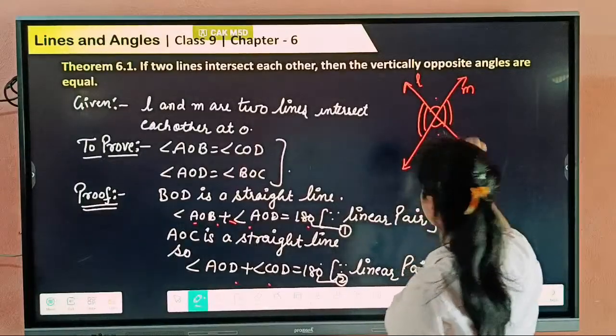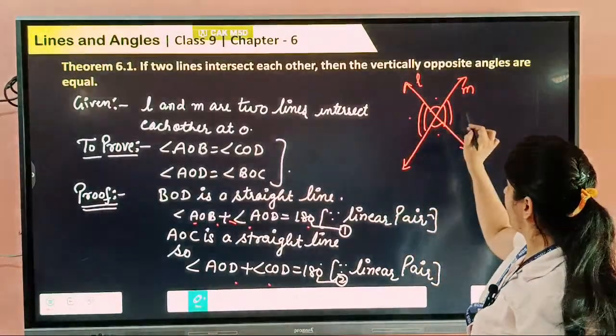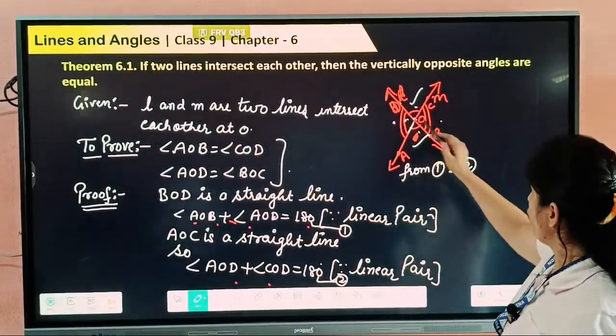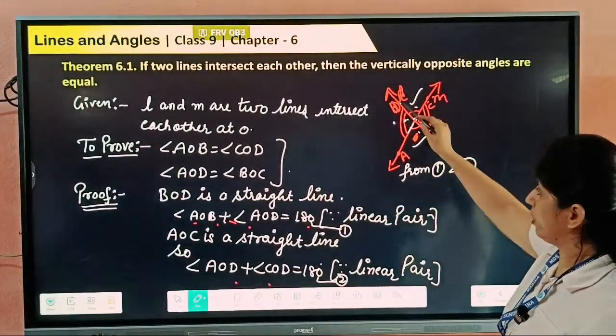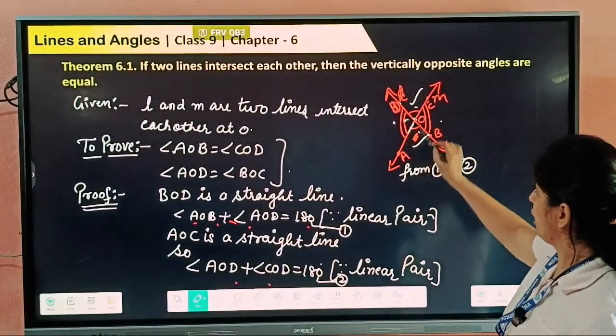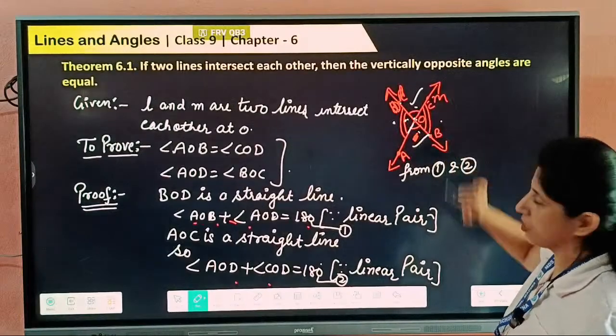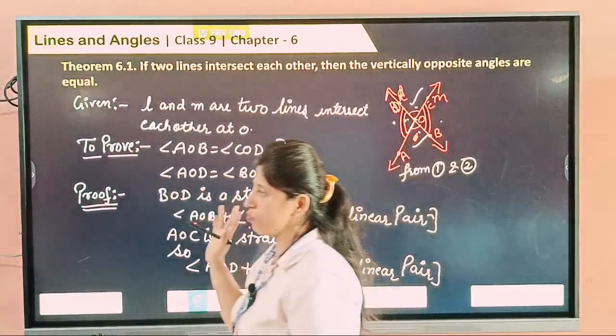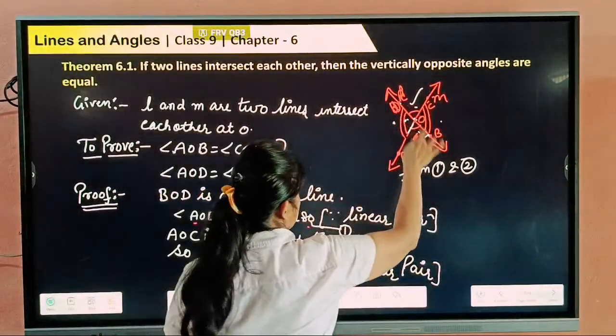So this angle and this angle will be equal and this angle and this angle will be equal. AOB and COD will be equal and AOD and BOC will be equal. That we have to prove, because vertically opposite angles are equal.